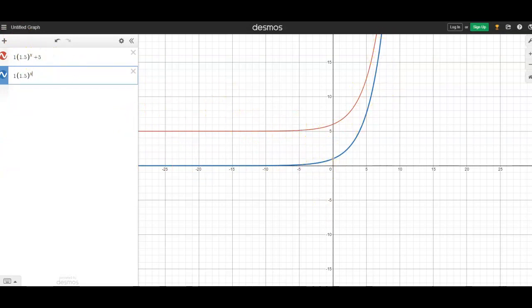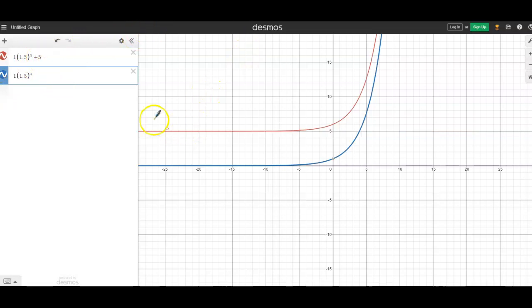Now let's compare those. Notice that on the blue line, my horizontal asymptote was 0, right? It was on the x-axis. But since I shifted it up 5, now where's my horizontal asymptote? Well, now my horizontal asymptote is at 5. So whenever you do a shift up, that shift up is also going to end up being your horizontal asymptote.